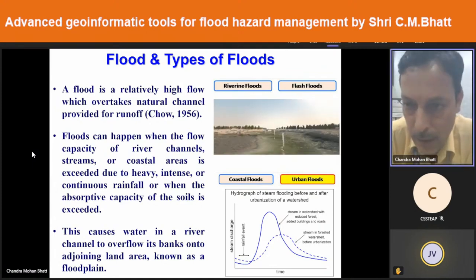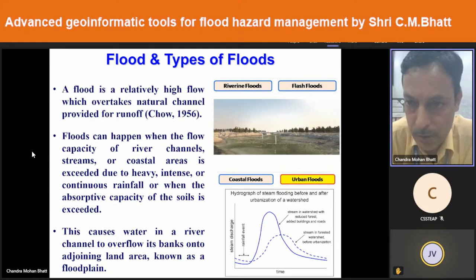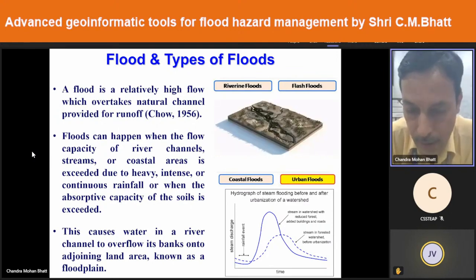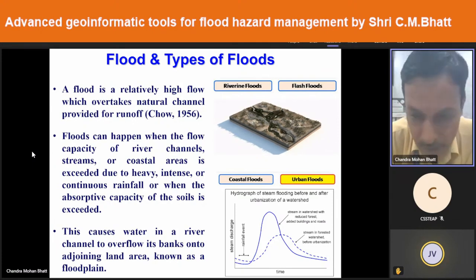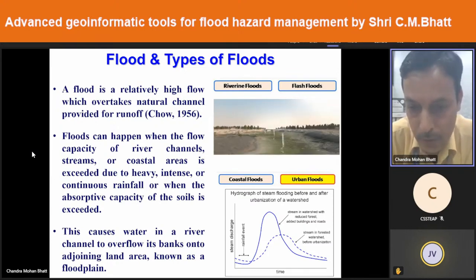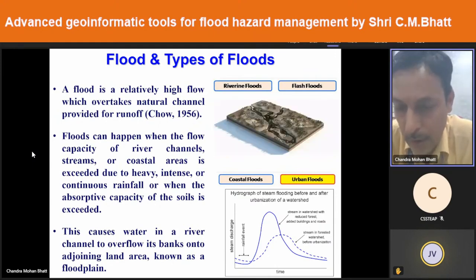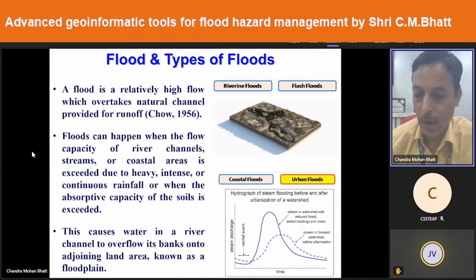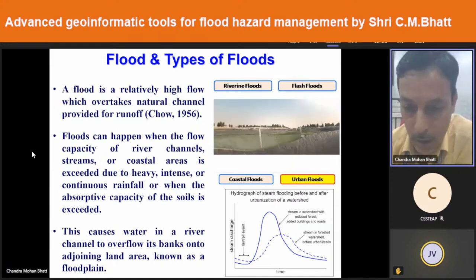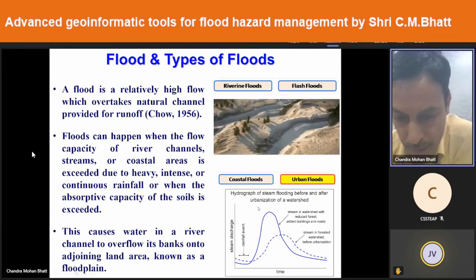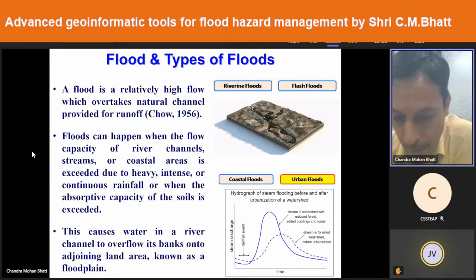There are floods of sudden nature due to dam burst or sudden cloud bursts, like flash floods, and the floods that affect the coastal areas due to cyclone or tsunami-induced surge. Those are coastal floods. Urban floods are now more in the news because of flooding in urbanized areas, and that is because of the unplanned concretization of the surface in urban areas, which has modified the hydrograph.